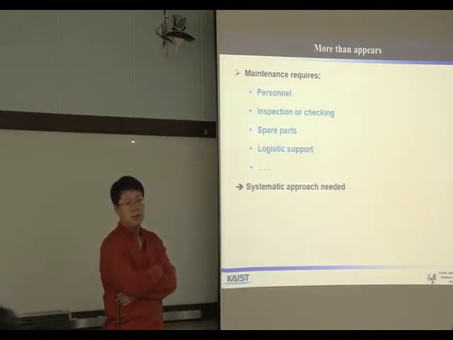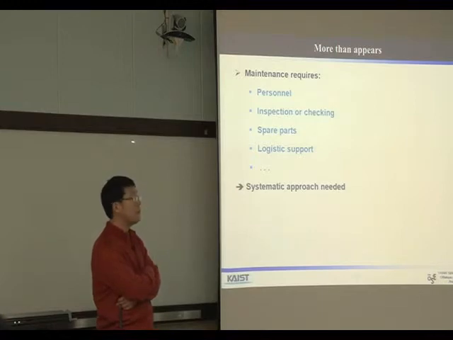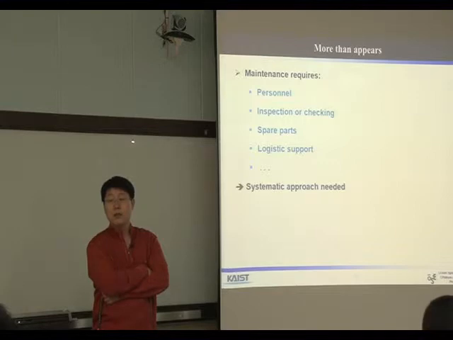And there should be some kind of support to deliver the spare parts. That kind of supply chain is called logistic support. So there are many things in maintenance, so we need a systematic approach.